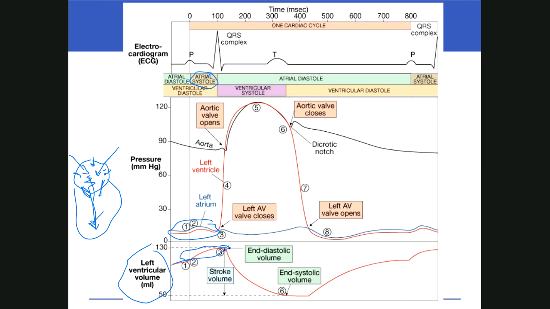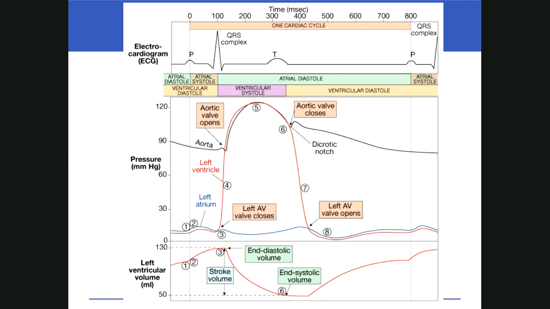And then the ventricles are going to contract. So when the ventricle starts contracting, it squeezes in. This valve's going to close. This valve's going to open. And it keeps squeezing in, and blood is going to get forced into the aorta. So ventricle volume is going to go down.